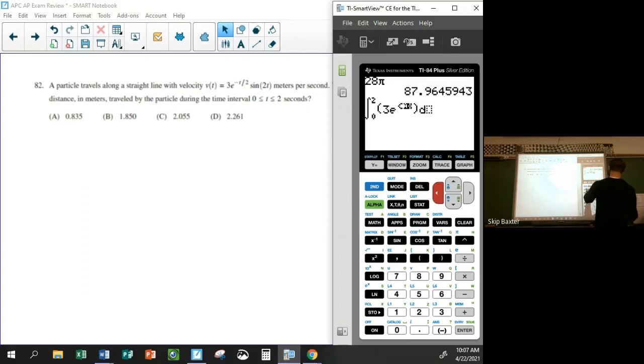Oh, you're on alpha lock. All right. Brackets. It doesn't matter. You can use brackets, just as long as you know you're using brackets.